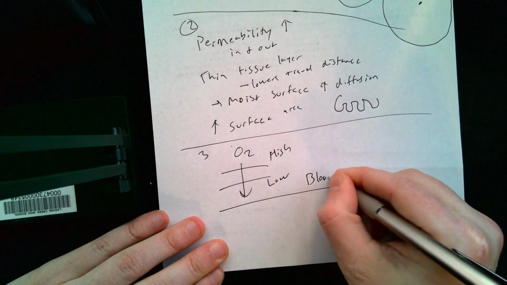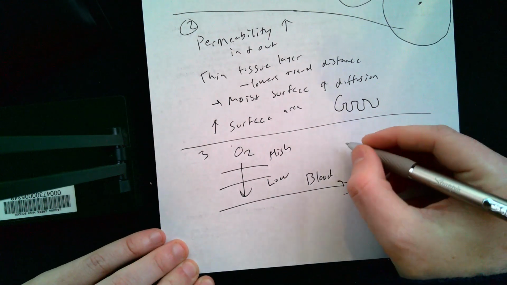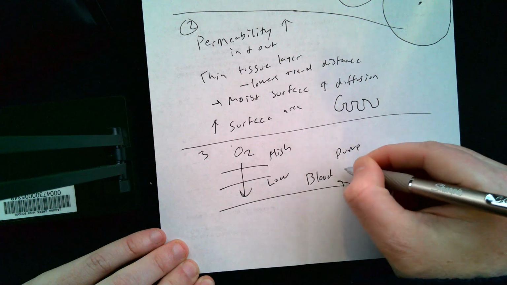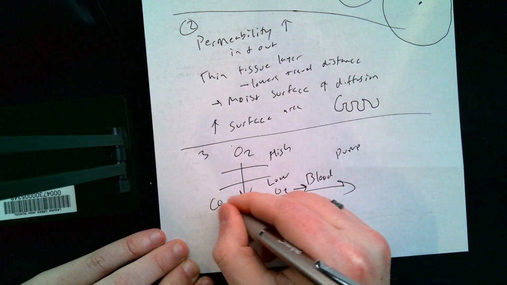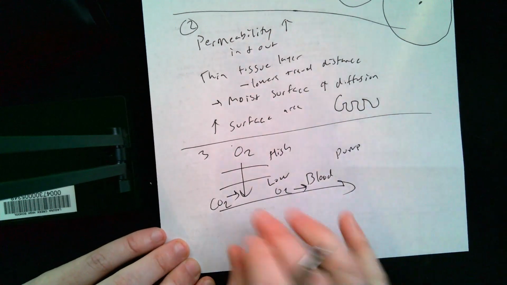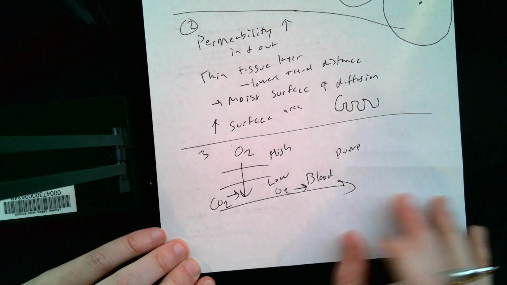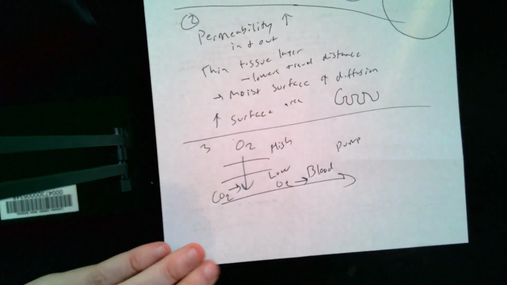This is our blood, or our circulatory system. What you can do is pump the blood, and that will pull the oxygen away, right? It will also bring the CO2 in, so it serves a dual purpose: to remove oxygen from near the lungs and bring CO2 to the lungs, where it can be expelled.